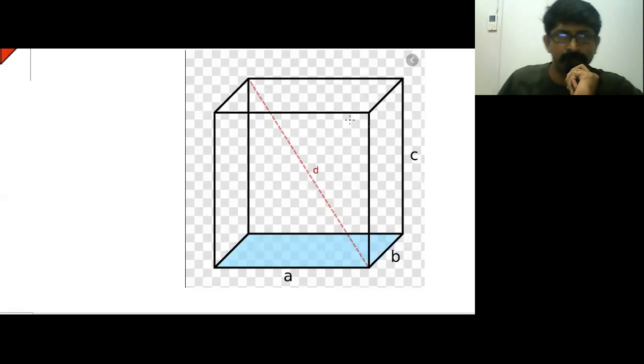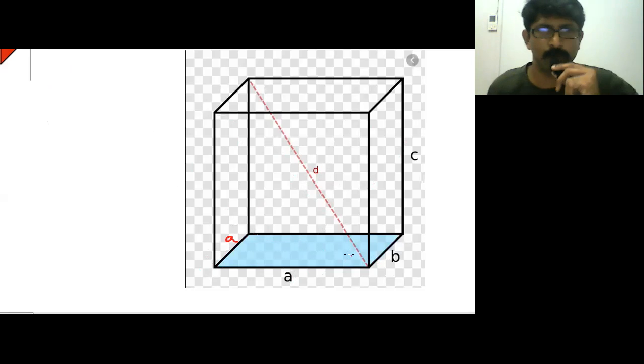So students, in this part, I'm going to teach you how we first derive the formula for this diagonal. First of all, understand we're going to take this as a rectangle. The base would be A and this side will also be A, isn't it? If this is A, this is A, then even this is going to be A. One moment, students.